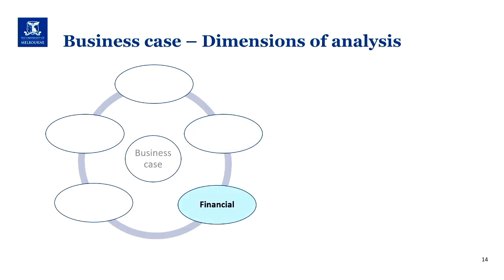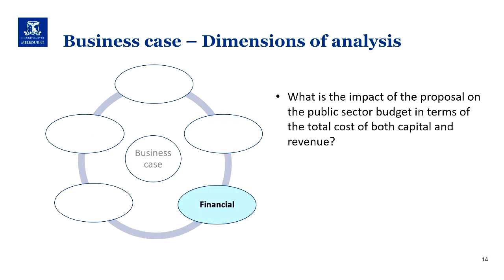And then the financial analysis focuses more on the impact of the different interventions on the budget, in this case of the public sector, because it's from the Green Book. They consider the cash flow, so the capital and revenue.